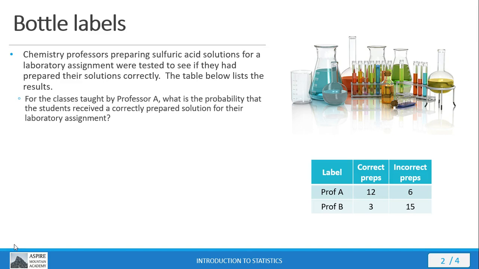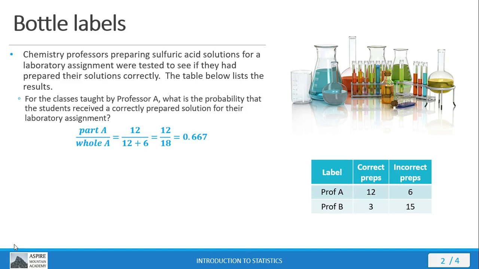Anywho, for the classes that are taught by Professor A, what is the probability that the students received a correctly prepared solution for their lab assignment? So to calculate this, essentially we're going to take the part and divide it by the whole. The part is the ones that are correctly prepared by Professor A. So that's the 12, and then of course the whole for Professor A is the 12 plus the 6.